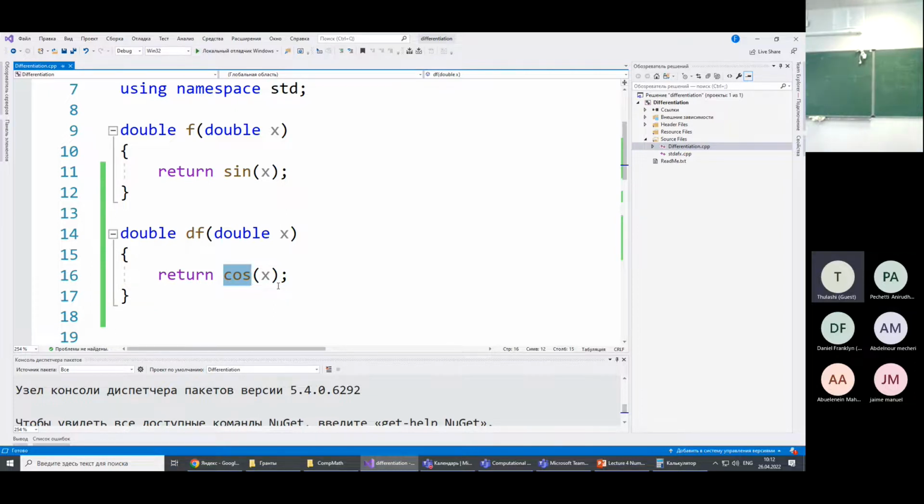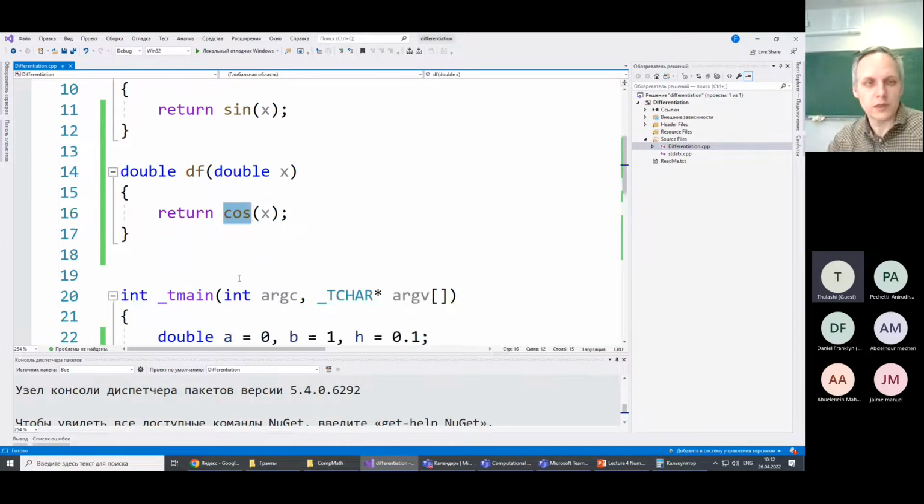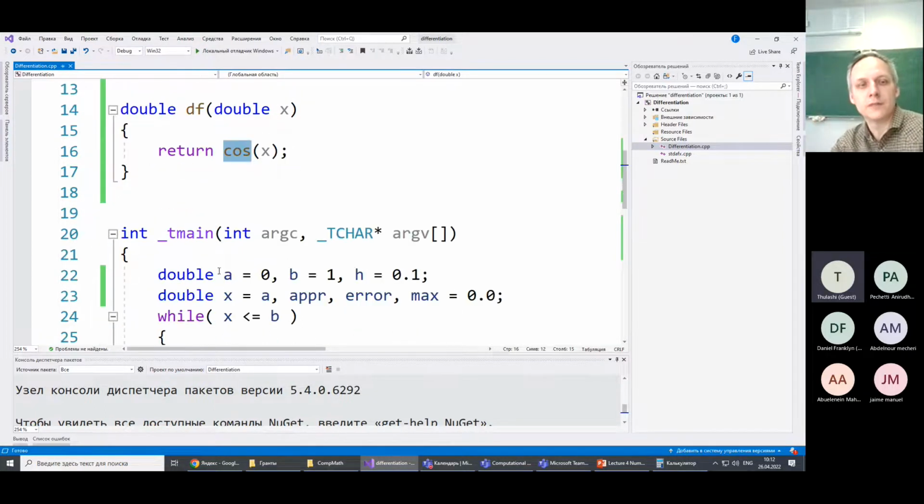The real value is df of x. How to do it? Let's assign a and b, for example, 0 and 1, h equals 0.1.